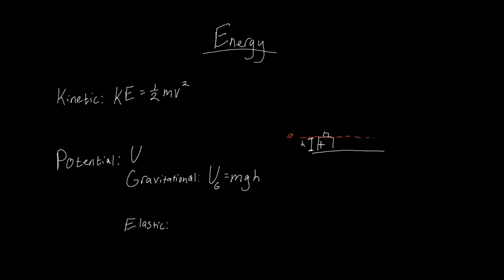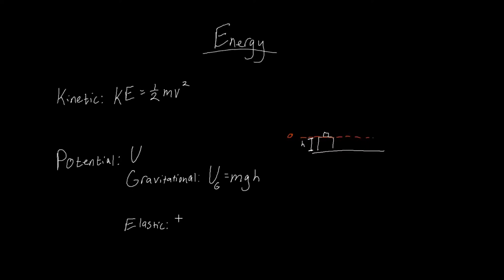So we'll talk a little bit more about that, and we'll work a problem out with it. But basically what you have to do is set a 0 line. And typically, depending on where you put that line, it shouldn't affect the problem, but where you put it might make the problem easier or harder. So again, we'll look at that with the practice problem that we've got on the next page.